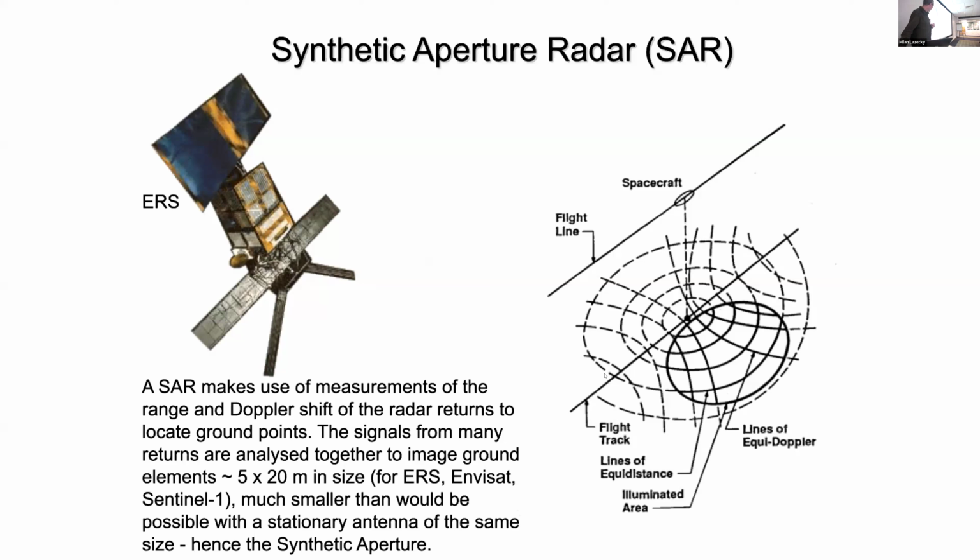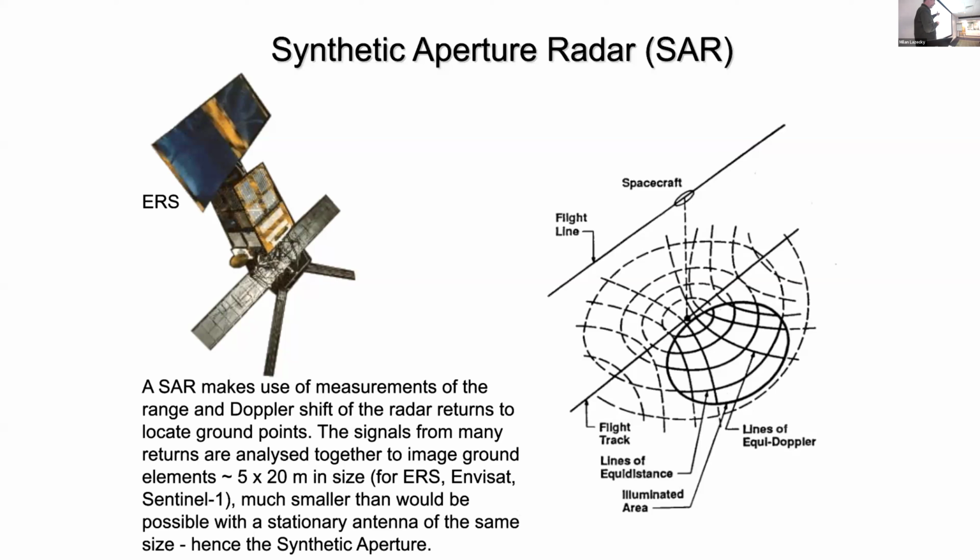The other thing you can use is the Doppler shift. Because the satellite is moving, when the signal bounces off the ground, there's a change in the frequency. You'll be familiar with Doppler shift when a car goes past you. If the signal's coming towards you, you hear a higher frequency, and if it's going away, you get a lower frequency.